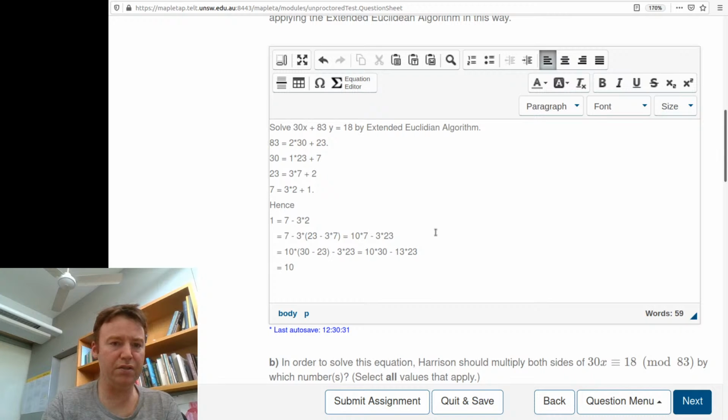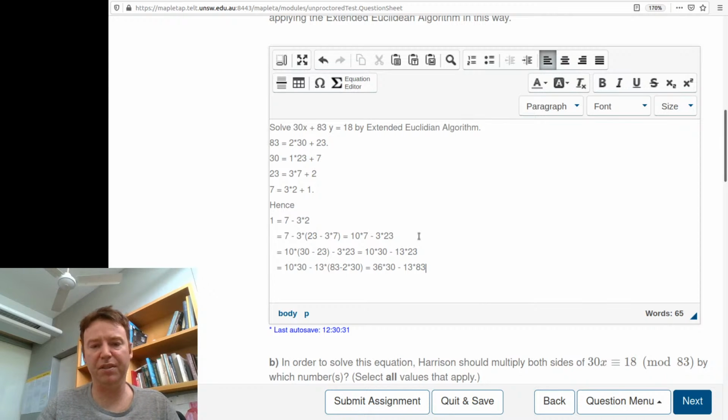So this is 10 times 30 minus 13 times 83 minus 2 times 30, which is 10 times 30 plus 26, so it's 36 times 30 minus 13 times 83. And at this point, I am going to get my pocket calculator.